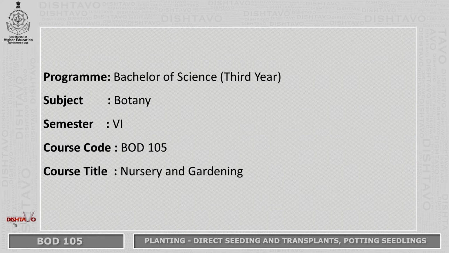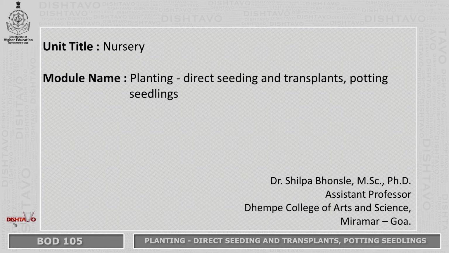Program, Bachelor of Science, 3rd year, Subject, Botany, Semester 6, Core Course, BOD105, Course Title, Nursery and Gardening. Unit title, Nursery, Model name, Planting, Direct Seeding and Transplants, Potting Seedlings.